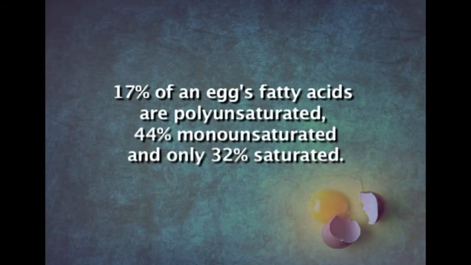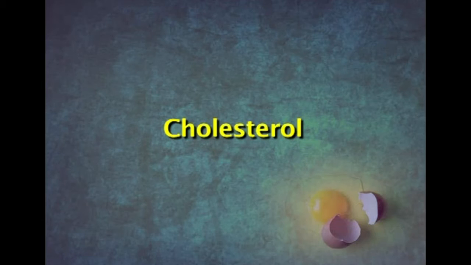Approximately 17% of an egg's fatty acids are polyunsaturated, 44% are monounsaturated and only 32% are saturated. But one reason why egg yolk is not supposed to be consumed is because it is a very rich source of cholesterol. Now, cholesterol and lecithin are fat-like substances and are essential to the structure and function of all cells in the body.